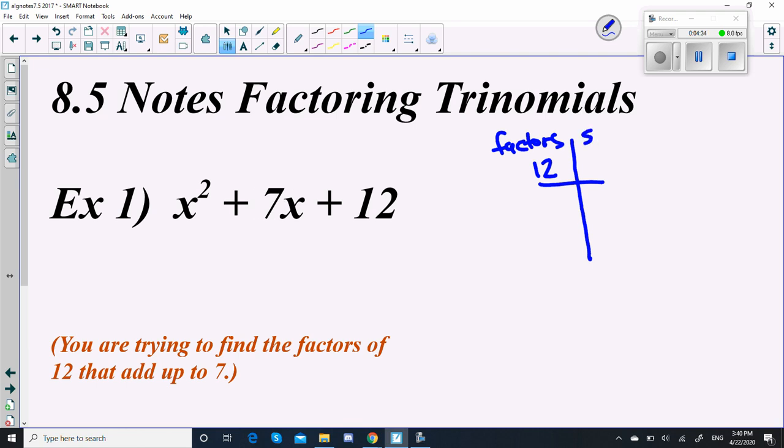So I'm going to put sum or difference here. And I want it to be 7, that middle number. So again, I'm looking for factors of 12 that give me a sum of 7. So I start over here listing. This is kind of my work or my thinking.